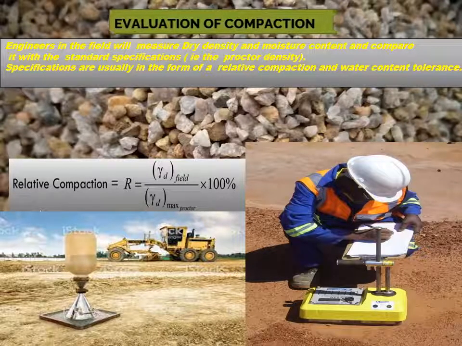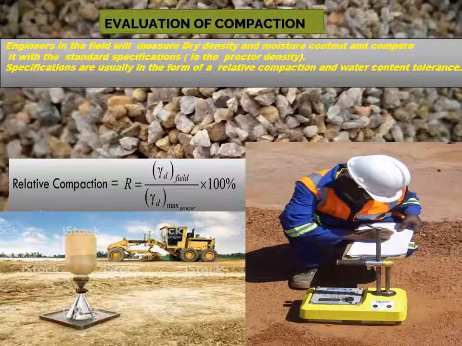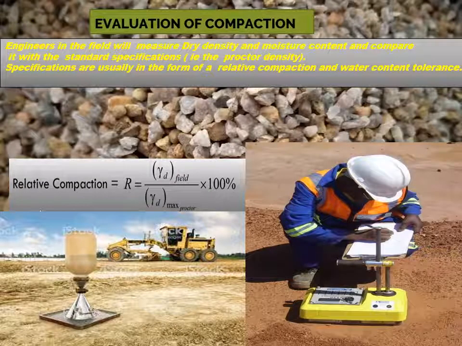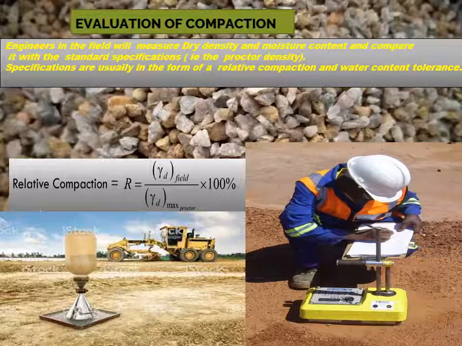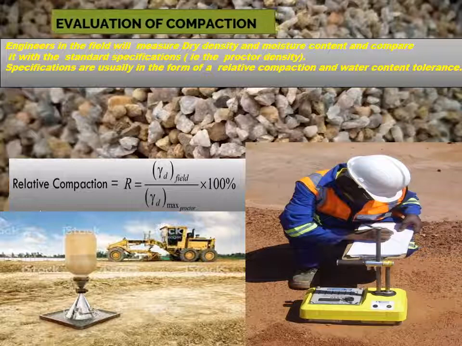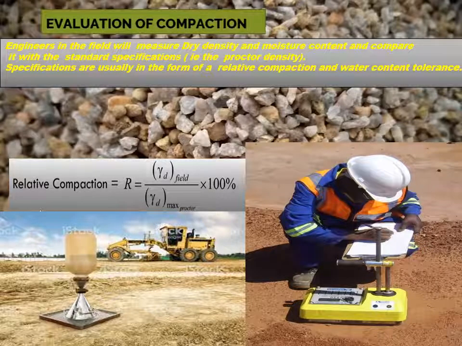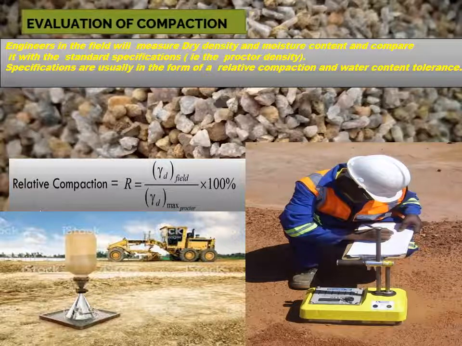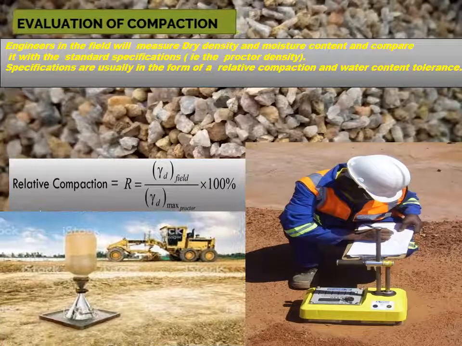There are quite a number of ways of obtaining the field densities and field moisture content. In this tutorial we are just going to list them. Maybe in the next one we shall go into detail explaining each one of them. The engineer can use the sand cone method or the nuclear density gauge.